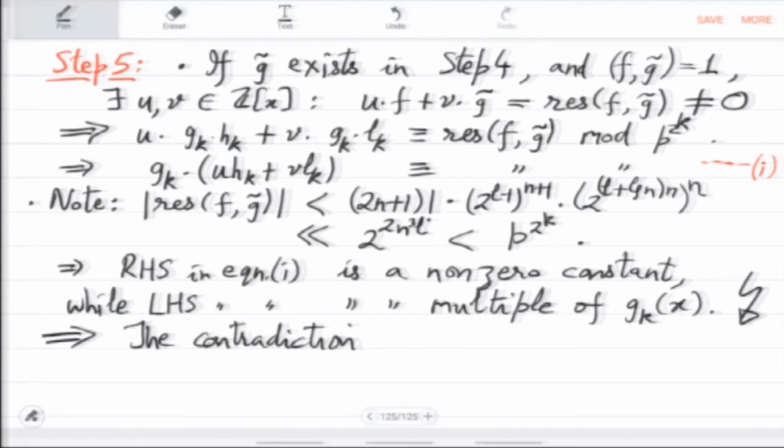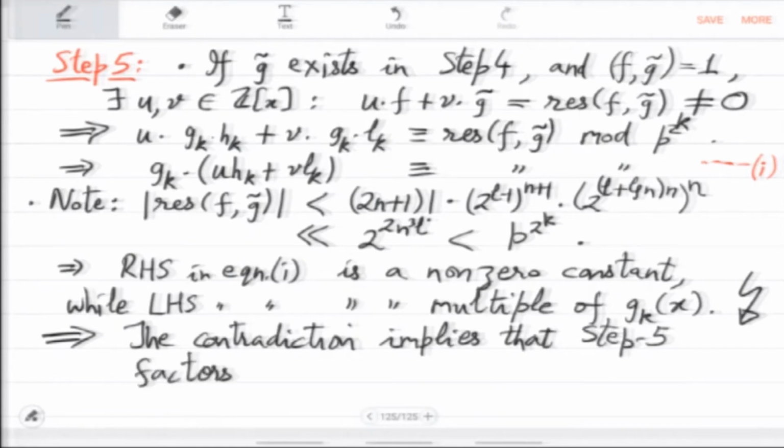Okay, so that gives you the contradiction, and this contradiction implies that step 5 factors f if G tilde exists.